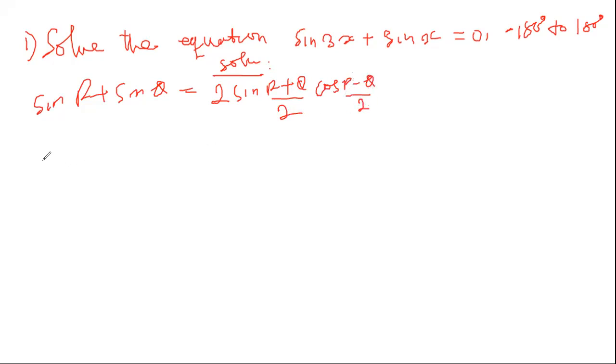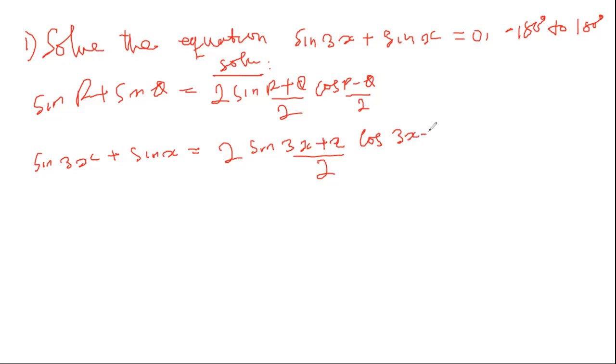So we are going to say now sine of 3x plus sine x is going to be equal to 2 sine of (3x plus x) divided by 2, times cos of (3x minus x) divided by 2.